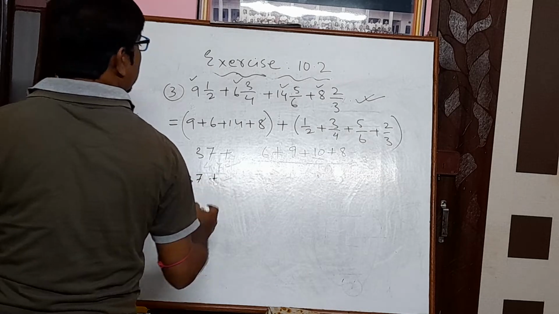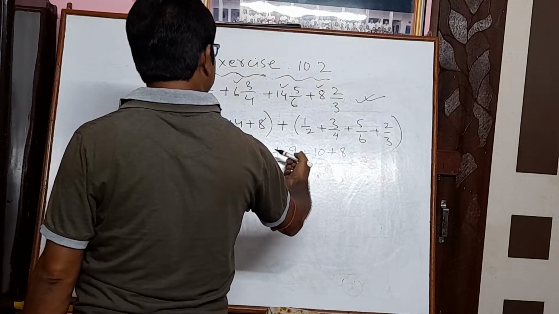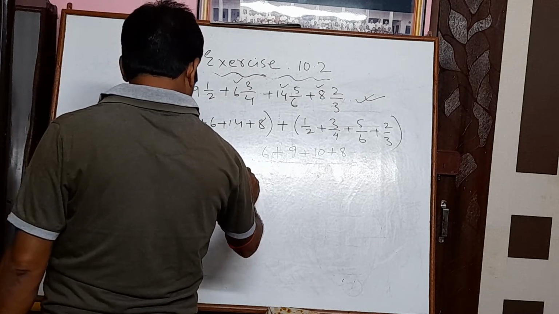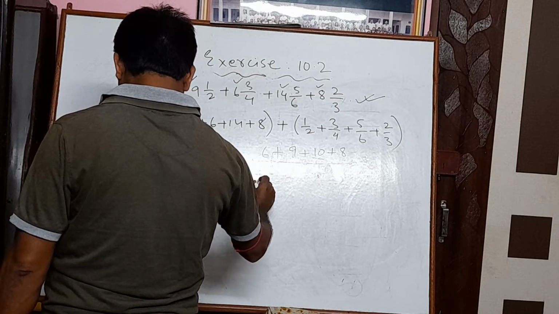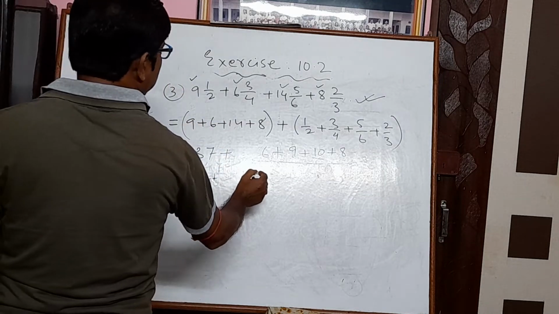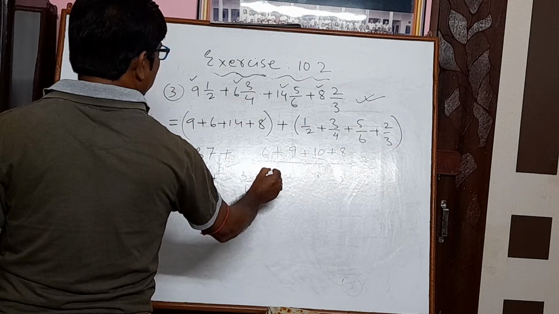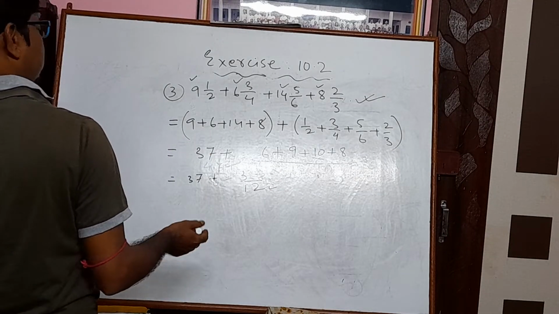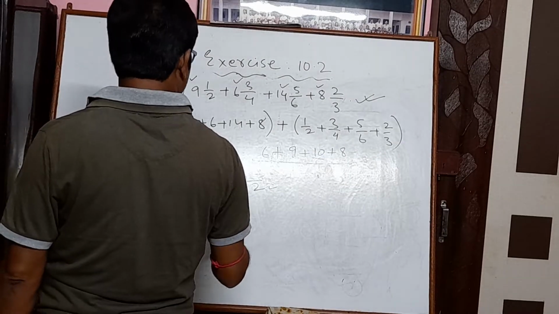Now 37 plus, add this together, 6 plus 9 plus 10 plus 8. How much is coming? 33. 33 by 12. Here also, see, numerator is bigger than denominator. Before that, we can cancel it together also.